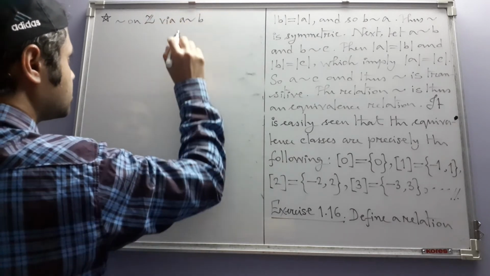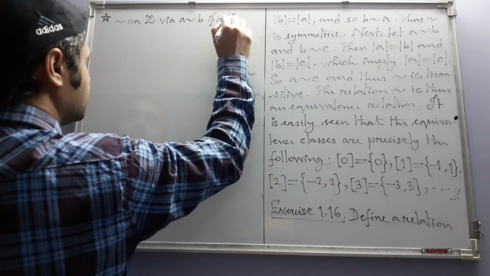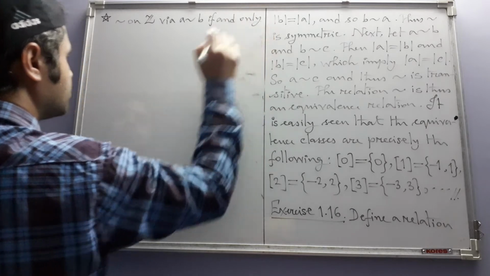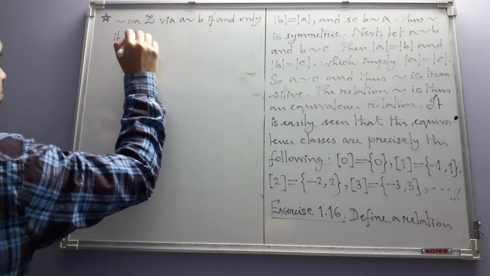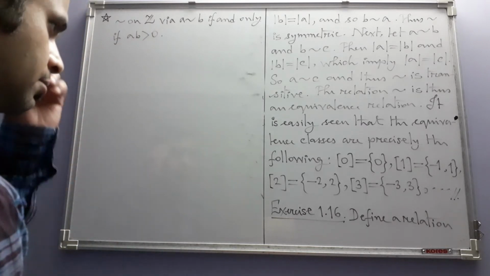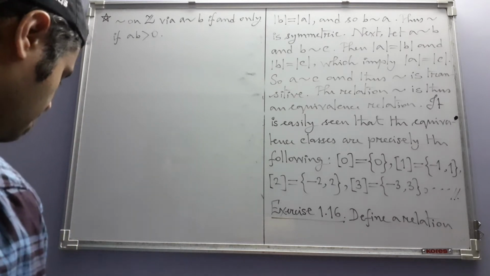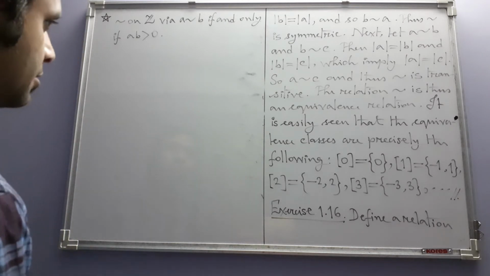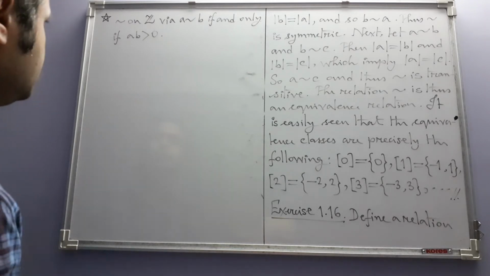So here, with this definition, two integers are related if and only if their product is positive. So that means either both of them are positive or both of them are negative.